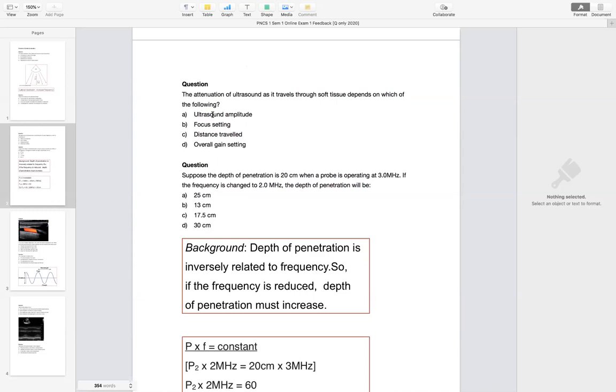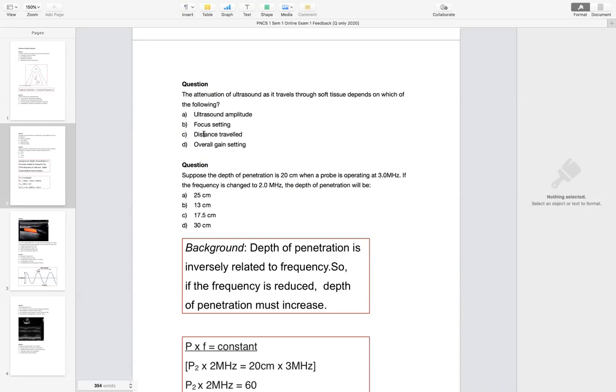Could it be related to the ultrasound image? Perhaps, but really attenuation, and this is a really important concept, is something that limits ultrasound, and the most important factor in that regard is depth and distance traveled. And if you didn't get that one, make a real mental note of this, because it's really important to remember.